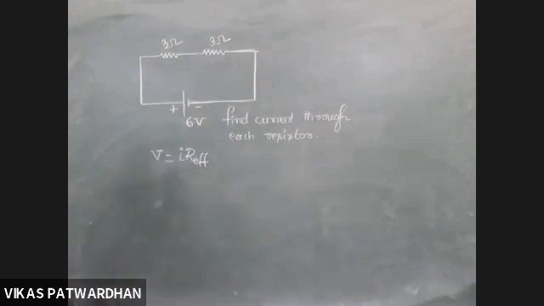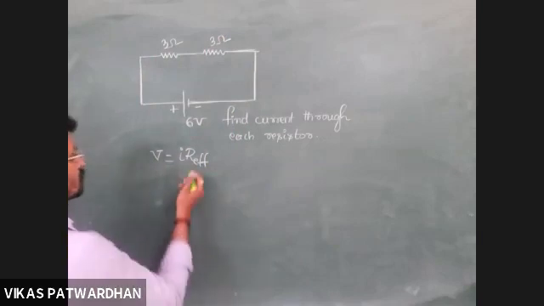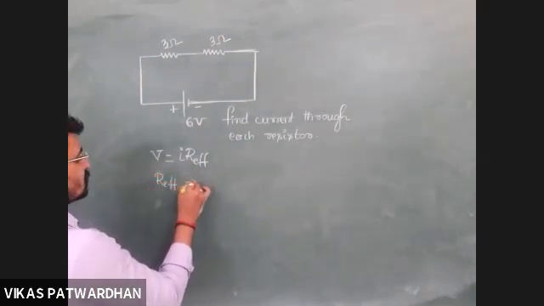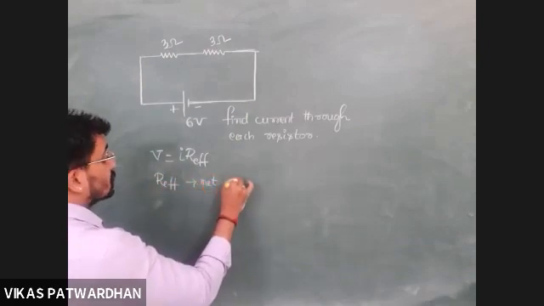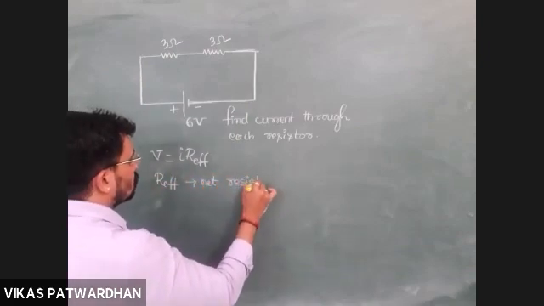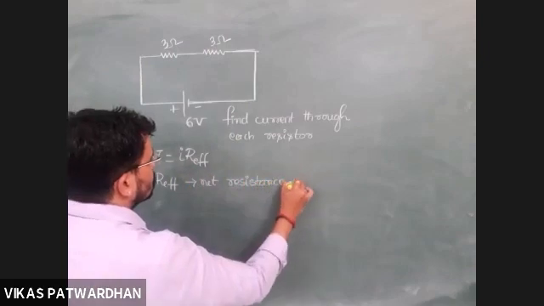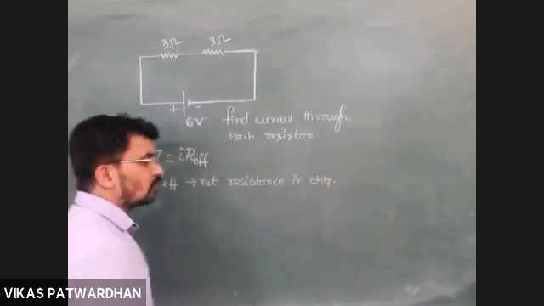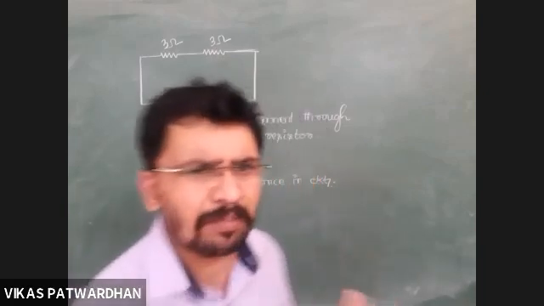Is that clear? What is R effective? Net resistance in the circuit. In the circuit, only the total resistance matters to the battery.